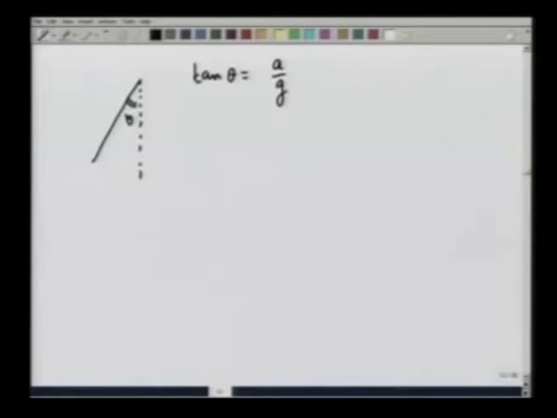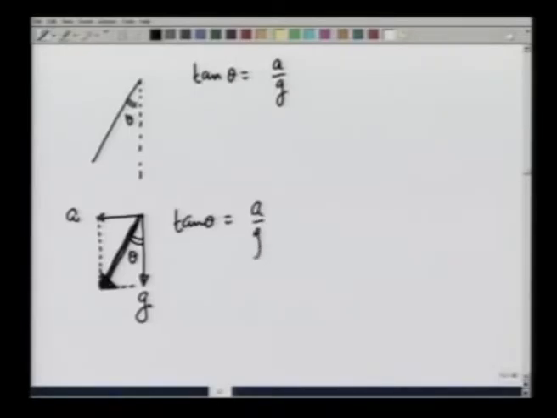If I look at it from the gravitational field point of view, the pendulum is actually in a gravitational field which is the sum of these two gravitational fields, acceleration g this way and acceleration a this way. So the net gravitational field is the sum of these two, and that is in this direction, which is shown here by the big arrow. And this is at an angle theta with tangent theta equals a over g.